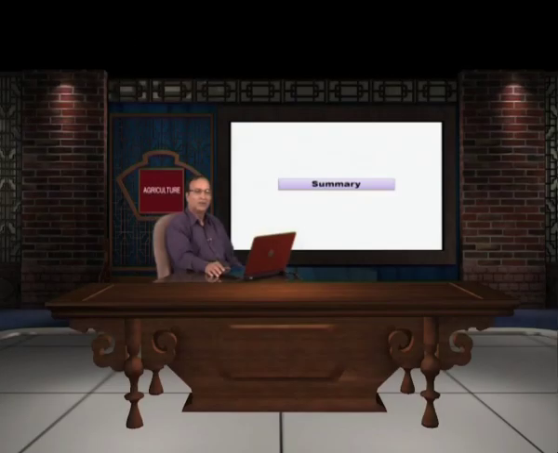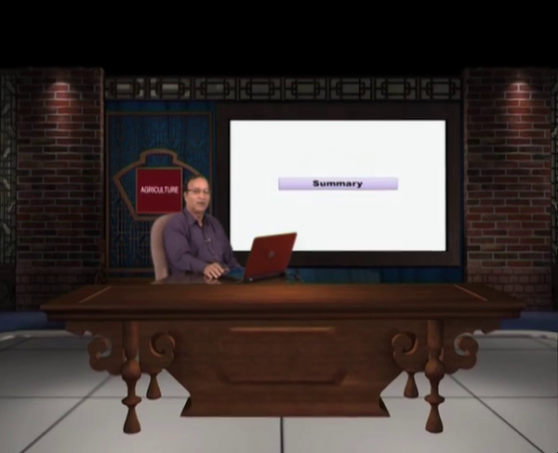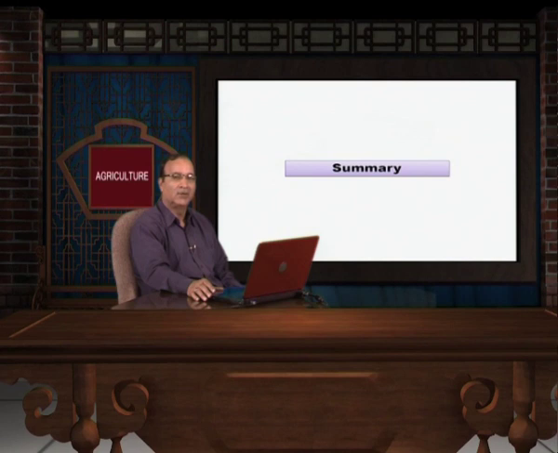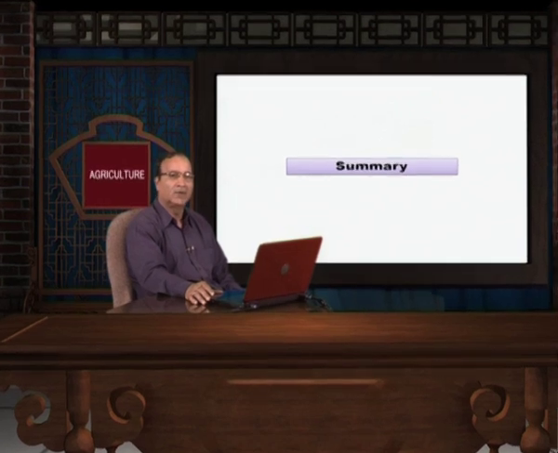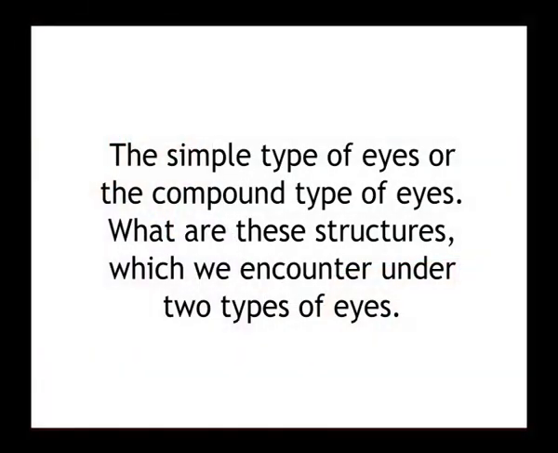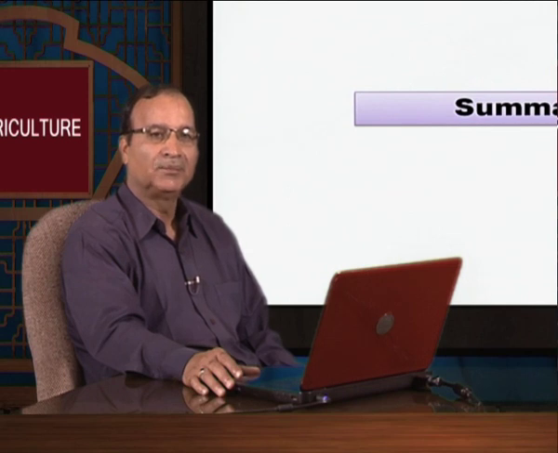Today we have discussed the sense organs. Though many types of senses are present in insects, we have discussed in detail the sense organs used for detecting light, or for vision, where we discussed the simple type of eyes and the compound type of eyes, and the structures which we encounter in the two types of eyes. The details we have seen through the diagrams.